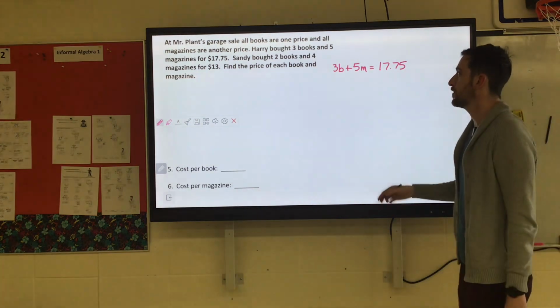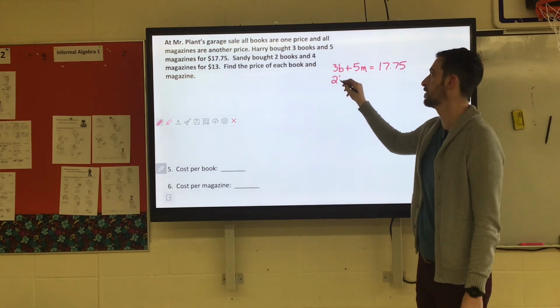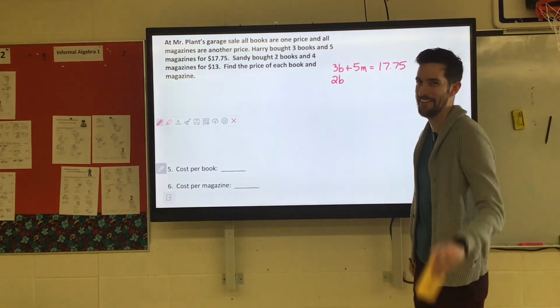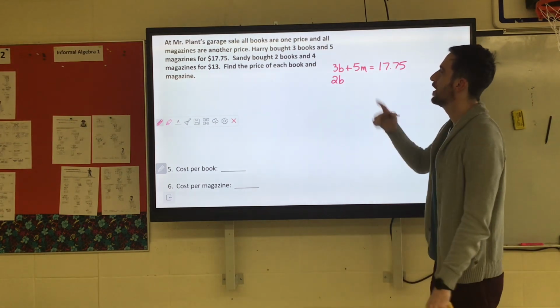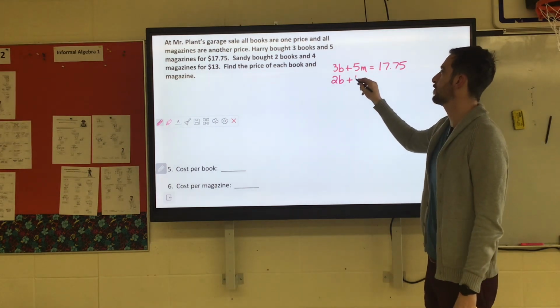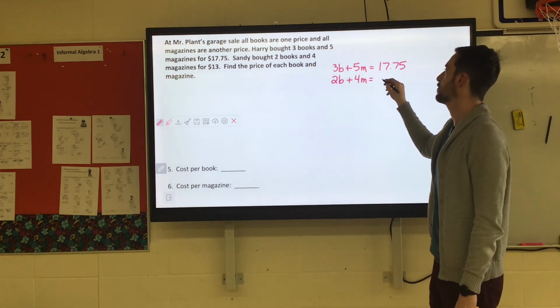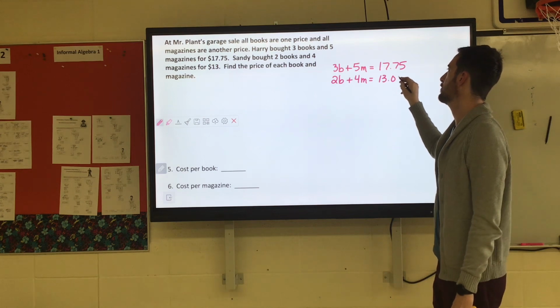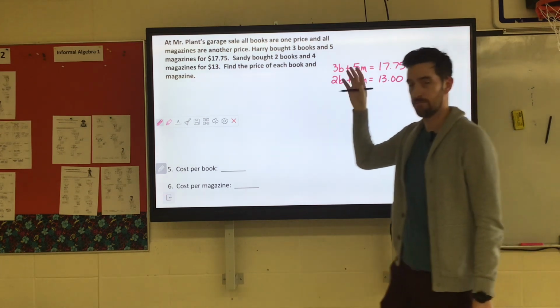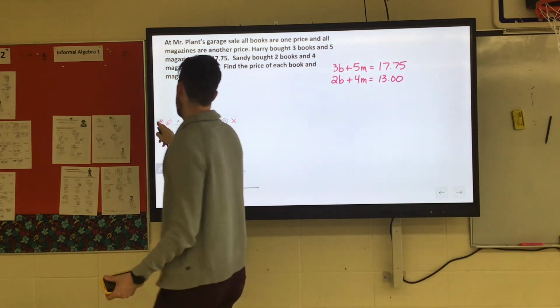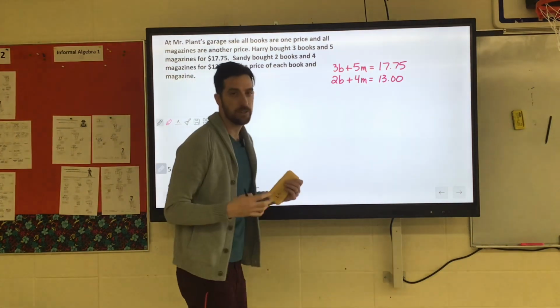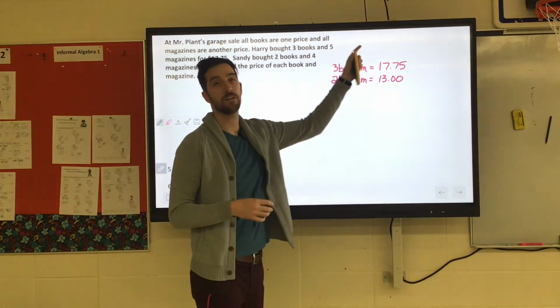Sandy bought 2 books, to be or not to be. That was free. And 4 magazines, plus 4M equals $13. You could just make it 13 or 13.00. Now again, we got to get these to match up. You could work on the books, you could work on the magazines.